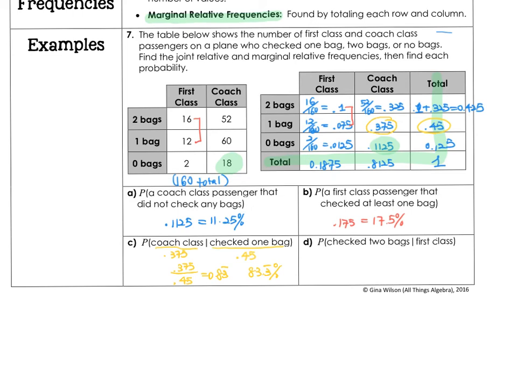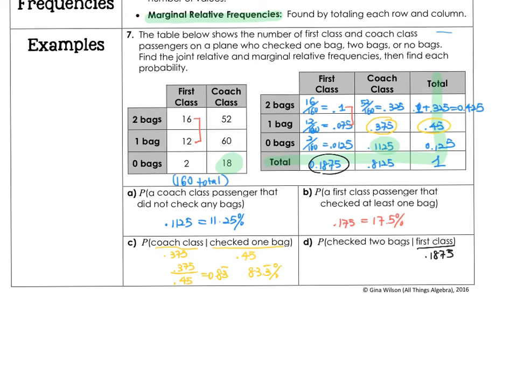Okay, finally, maybe I'll use black. Probability of those checked two bags given that they're first class. Again, first class, what's the probability there? It should be 0.1875. And then what's in first class, those checked two bags?